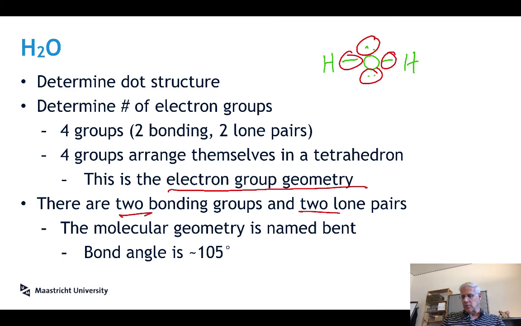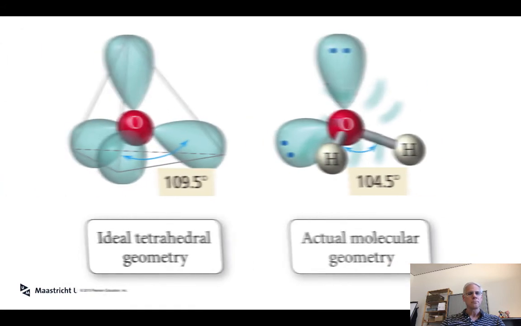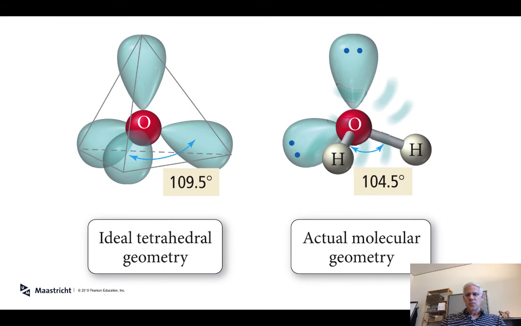The bond angle is around 105 degrees. A pure tetrahedron is 109.5 degrees. However, I have 2 lone pairs, and the lone pairs tend to push the bonding pairs away a little bit, and they squeeze them in about 2 degrees each. So we end up around 105. So there's an example there.